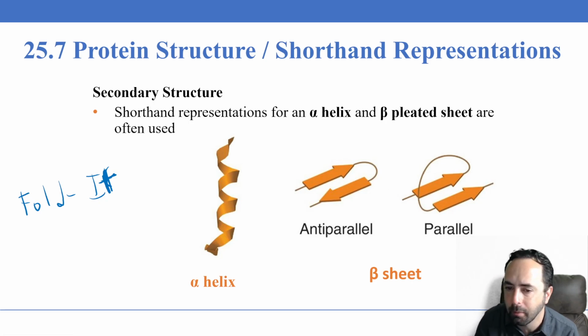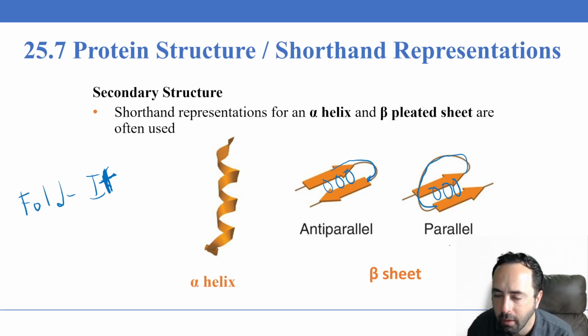And again, these beta pleated sheets have hydrogen bonding interactions that can occur in a parallel fashion, where the protein is looping around on itself like this, and then has hydrogen bonding interactions while this chain is proceeding from N terminus to C terminus parallel in this way.